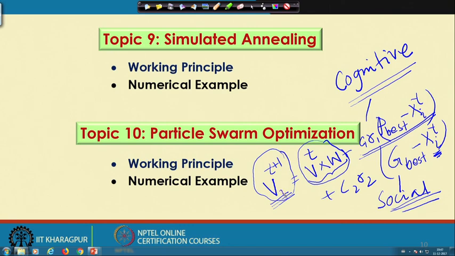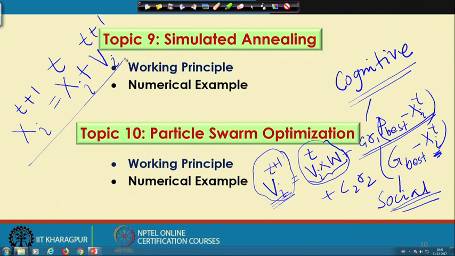Might be this is v i t plus 1. And once I have got this updated velocity, I can find x i t plus 1, the position of the ith particle at the t plus 1th iteration, which is x i t plus v i t plus 1 multiplied by t, where t is nothing but 1 here and indicates the number of iterations. This is the way we can update the position.